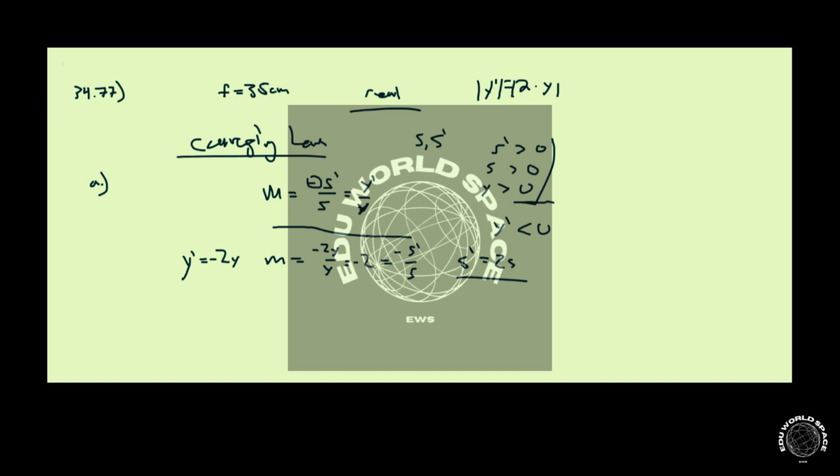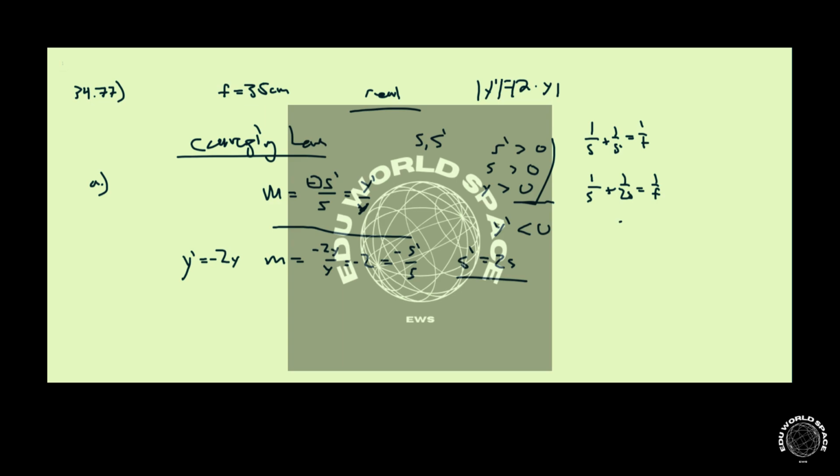So now we've got to go to the thin lens equation. We can plug in 2s and replace for s prime, and we have 1 over s plus 1 over 2s equals 1 over f.